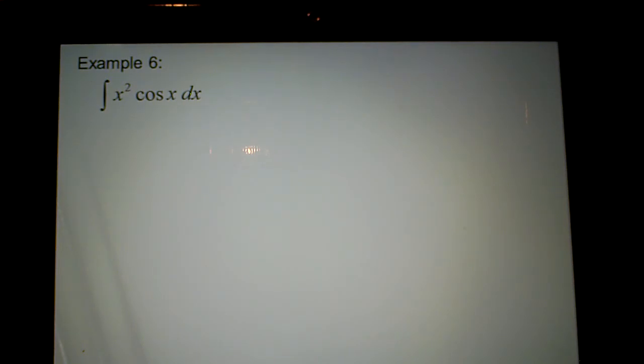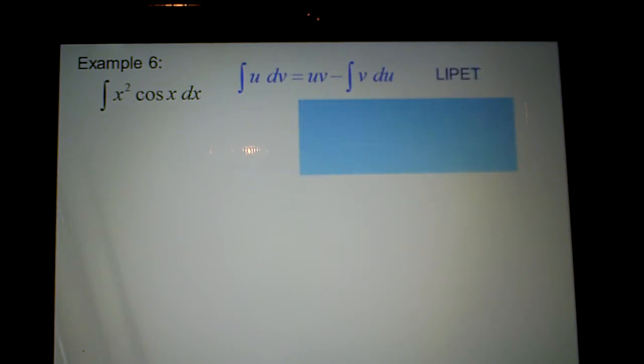So let's try another one kind of like that. Polynomial before trig, right? I have an x squared and a cosine x. I have a polynomial factor and I have a trig factor. So since the polynomial comes first in LIPET, that's going to be my u, and the rest is dv.